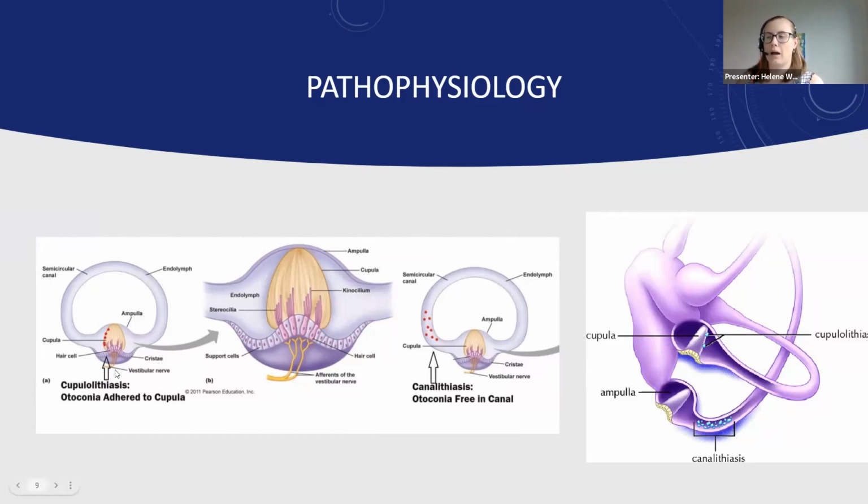So, for example, when you bend over, gravity is acting on the otoconia like you would expect it should. But rather than displacing the otolithic organs like it usually would, it instead displaces the cupula in the semicircular canal. So the semicircular canal goes, something's happening, I'm detecting movement, you must be spinning.